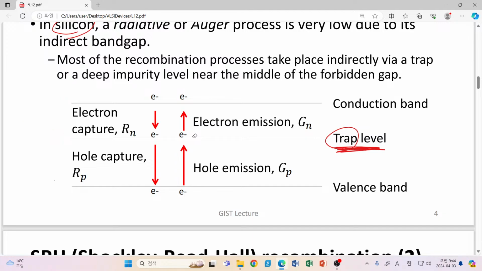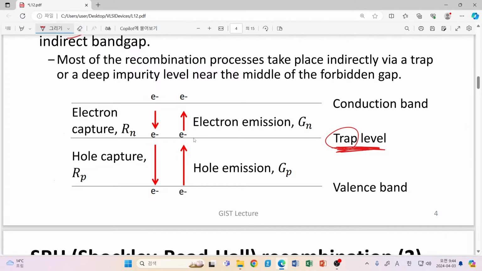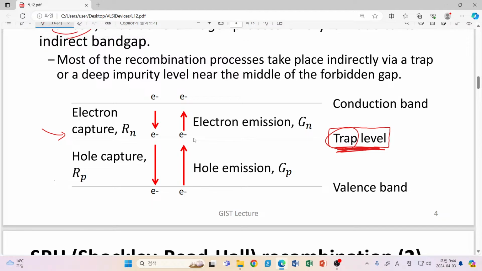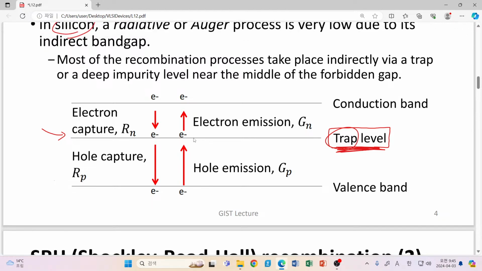Simply speaking, the transition or exchange between conduction band and valence band is not direct, it is indirect. And for this indirect electron exchange, we have to introduce this trap level. And how can you generate this trap level?